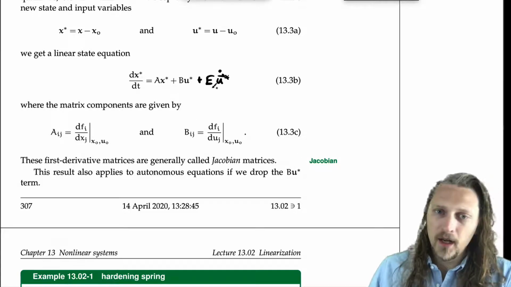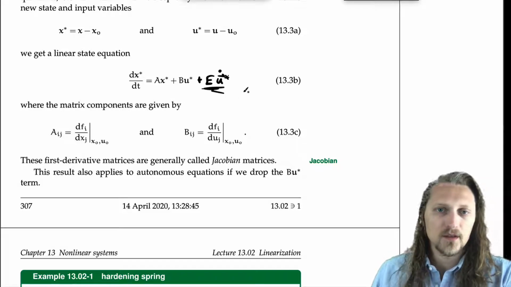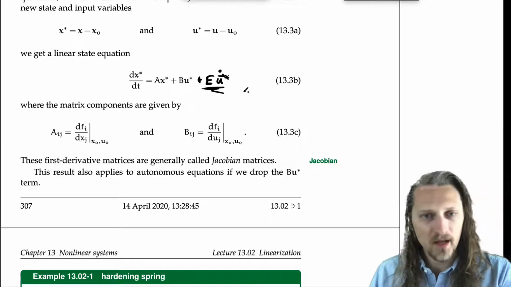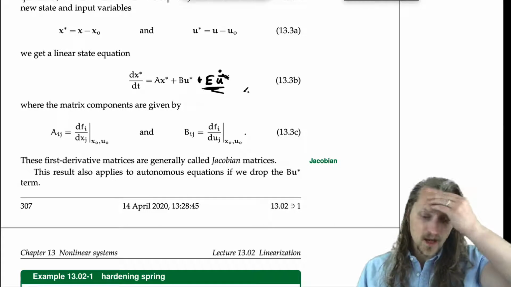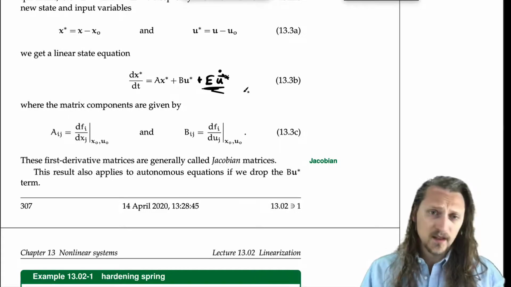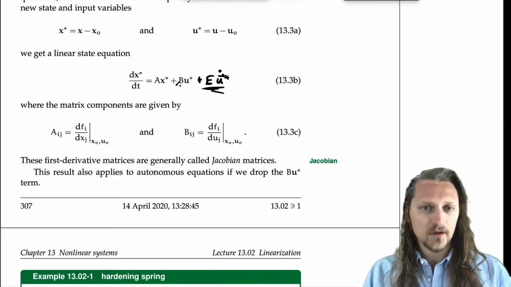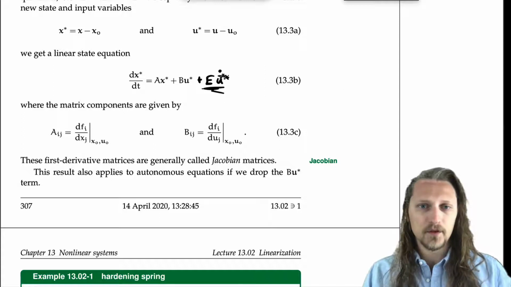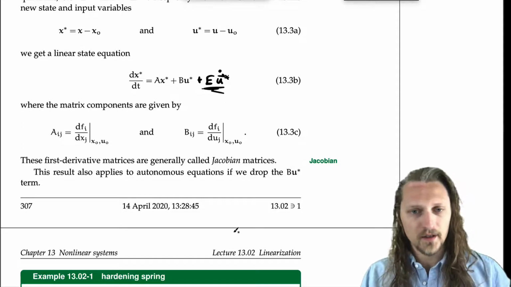This doesn't happen very often, but we do occasionally see it. So something to keep in mind when you're developing your systems. If you have a time derivative of an input, it's not the end of the world. They do arise occasionally. So you just have to have an E matrix if you have a linear system.